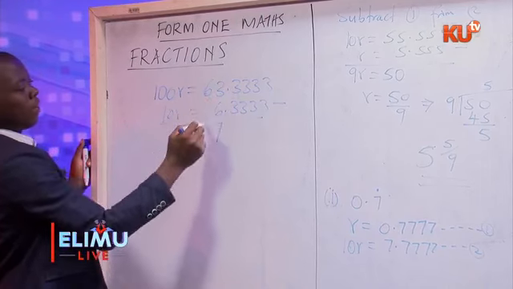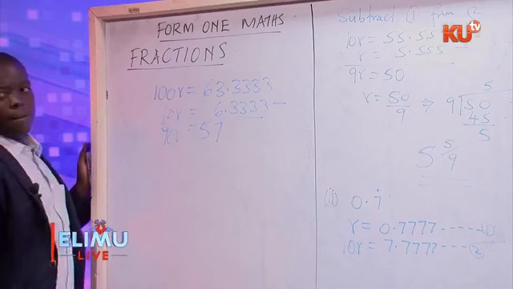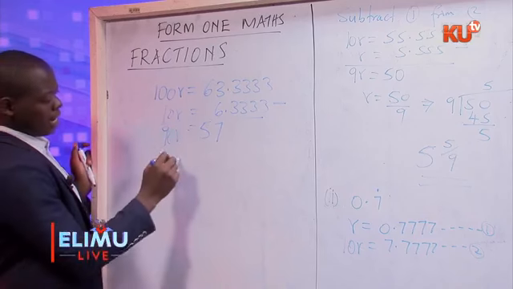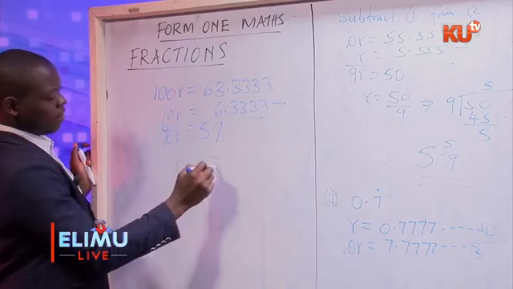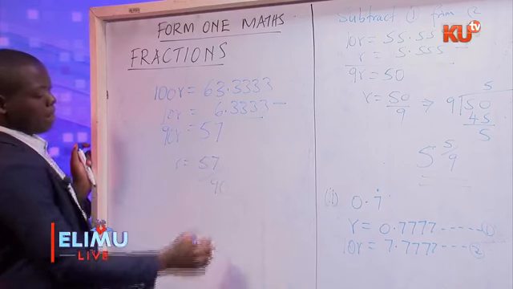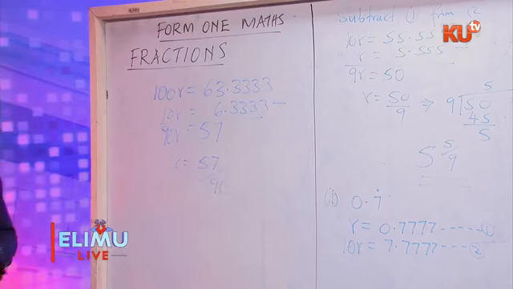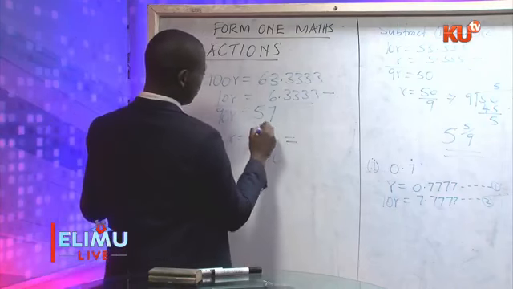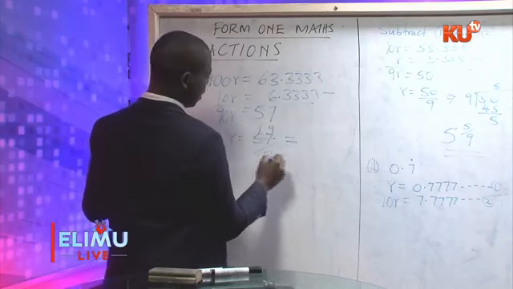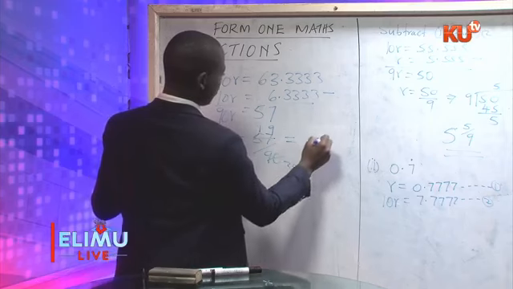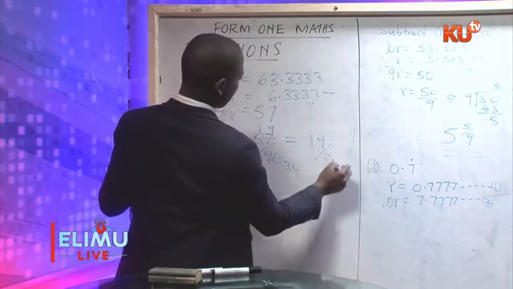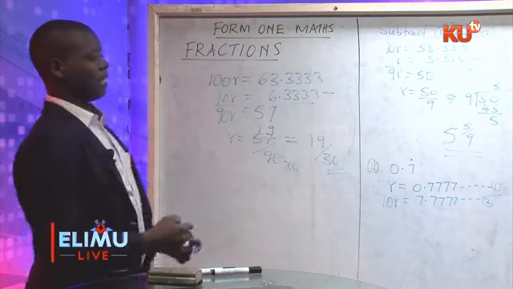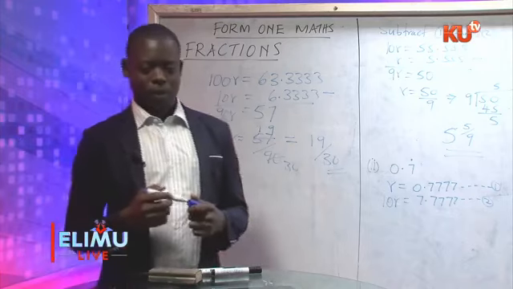And 100 minus 10, that is 90R. So what is R? R is 57 over 90. 3 can simplify. If you simplify by 3, you cancel, this is 19, and this is 30. So the fraction is 19 over 30. That is the simplified fraction.